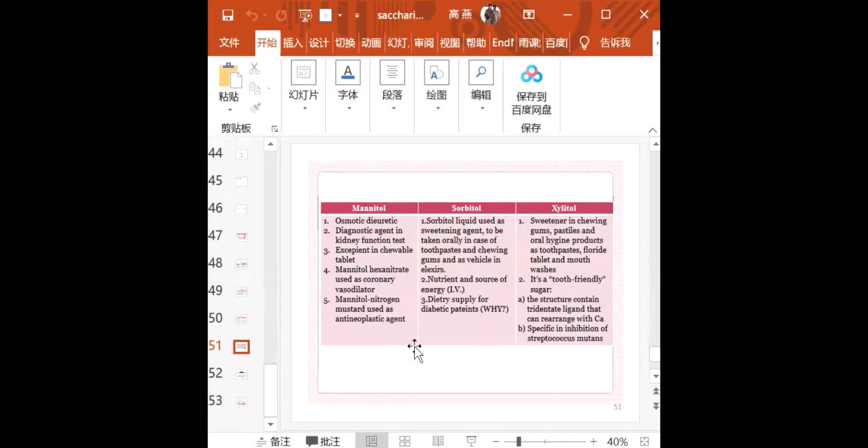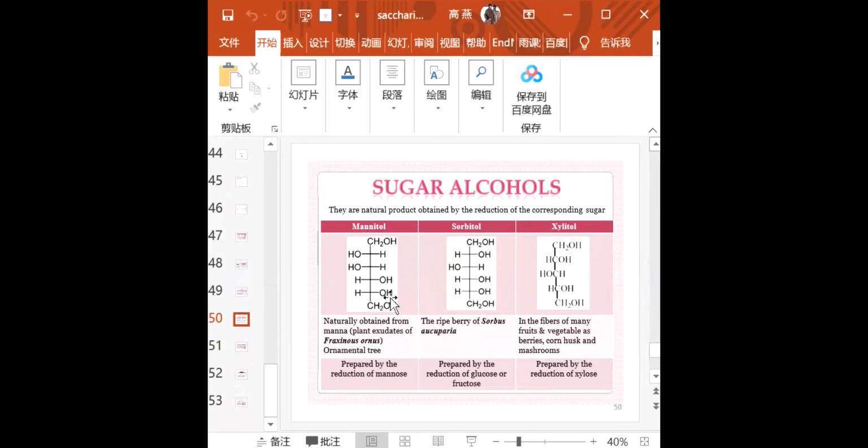And mannitol hexanitrate as its derivative can be used as a coronary vasodilator. The other derivative is mannitol nitrogen mustard, used as an antineoplastic agent in industry. This is mannitol.